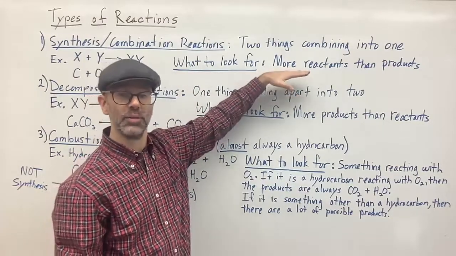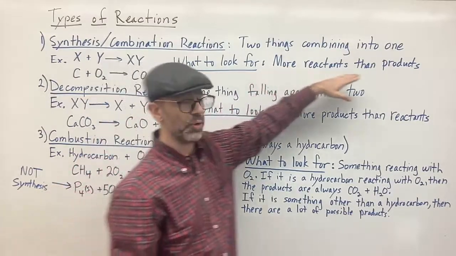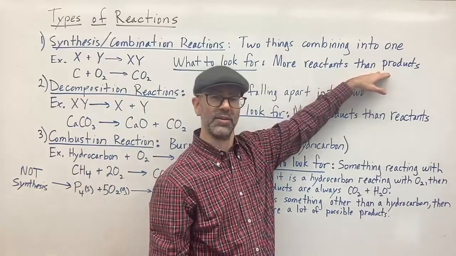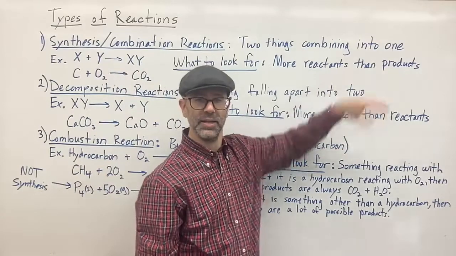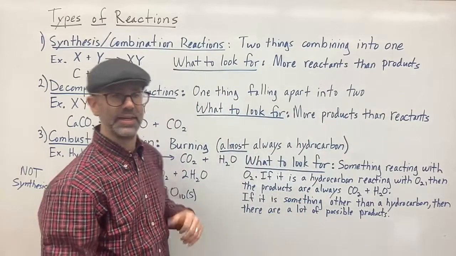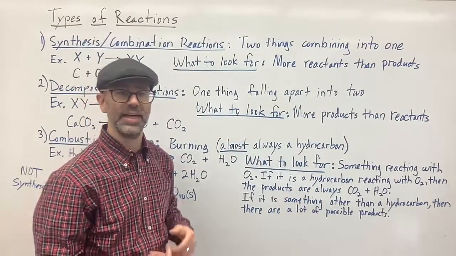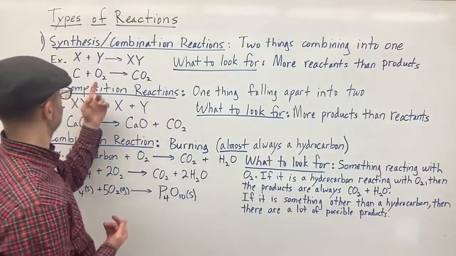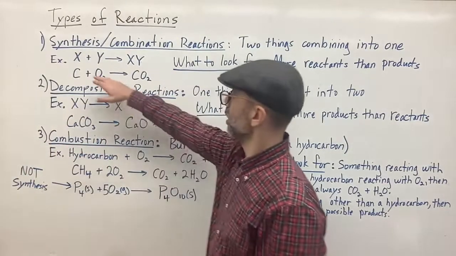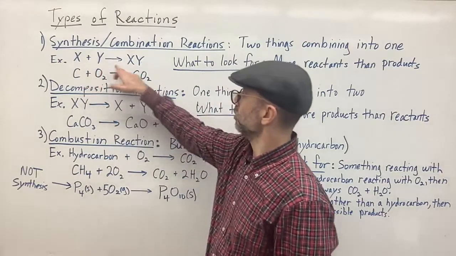If you start out with more reactants and you end up with fewer products than the reactants you started with, that would be an indication that it is a combination or synthesis reaction. Here's a couple examples. Here I have x plus y equals xy.